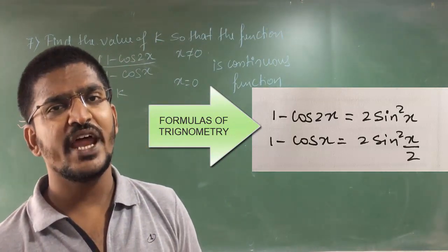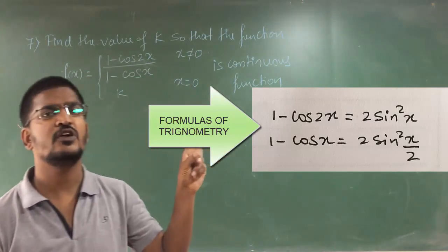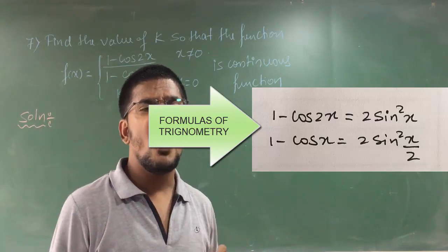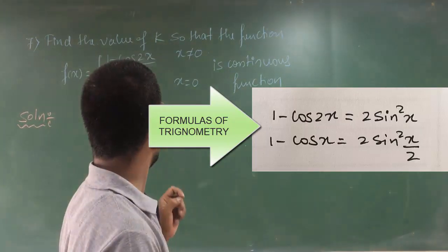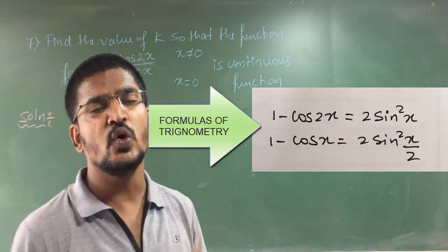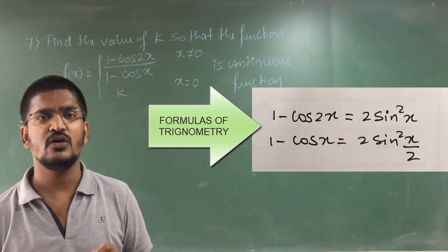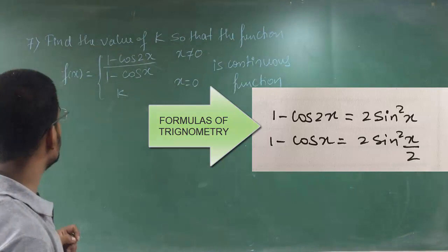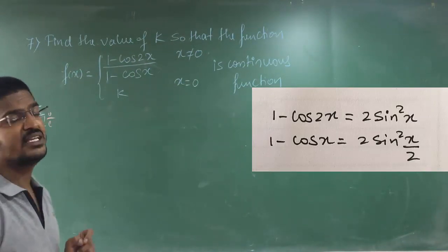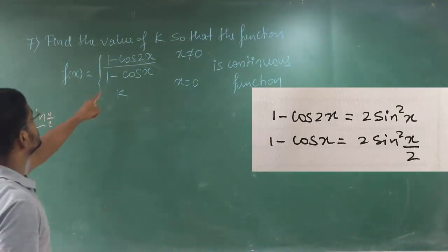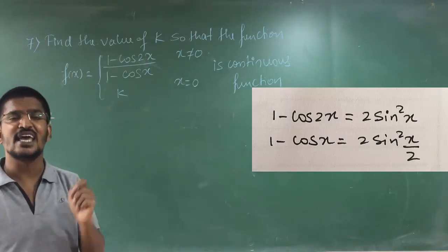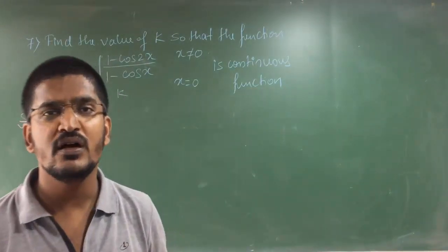Clear? Try to remember the formulas of trigonometry. They are 1 minus cos 2x equal to 2 sin square x. Clear students? 1 minus cos 2x equal to 2 sin square x, and for this you must remember 2 sin square x by 2. Clear students?